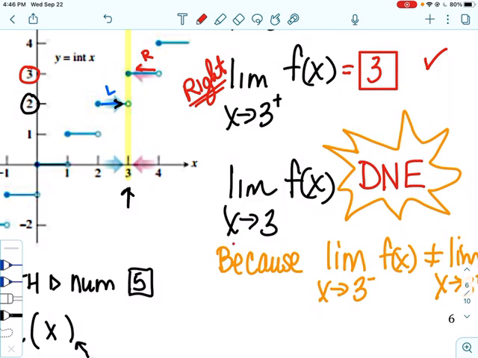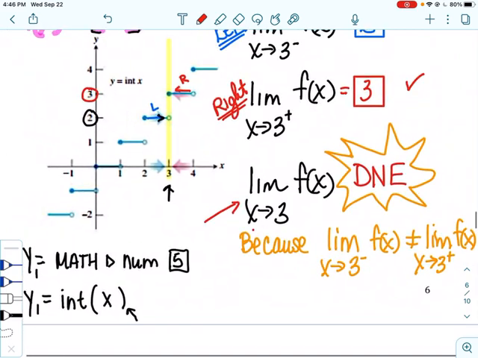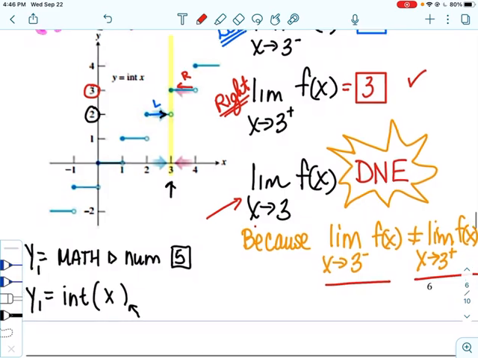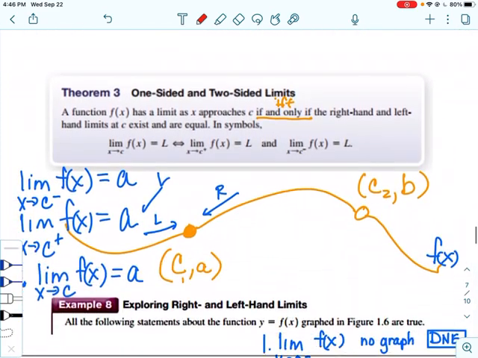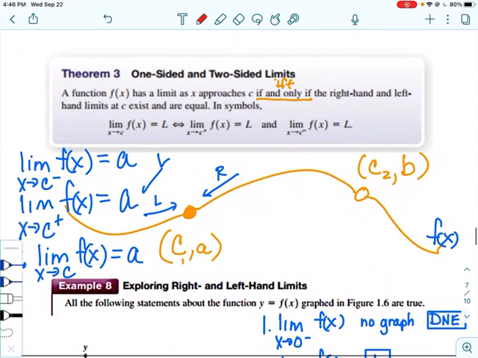This notation we can't use for this, or we could use it, but we have to say that the limit does not exist, and that is because the limit from the left is not equal to the limit from the right, okay?